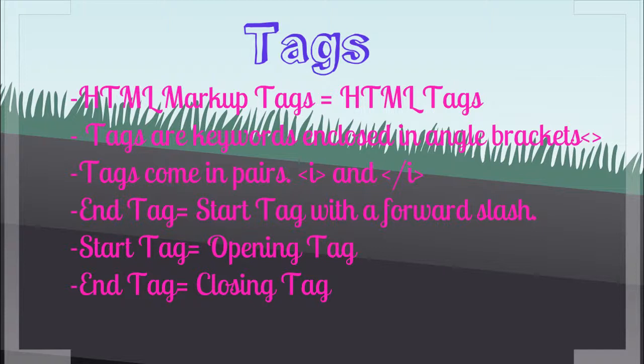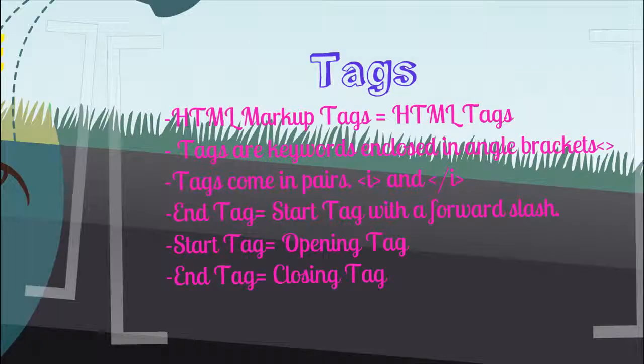So those are your two pairs, and if you noticed, the end tag is written just like the start tag, but with a / before the tag name. Starting and ending tags are also called opening and closing tags, so they mean the same thing.